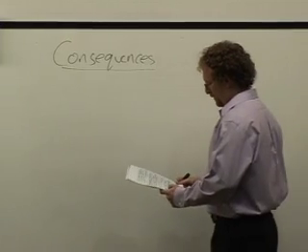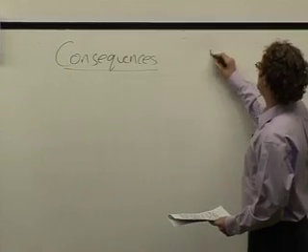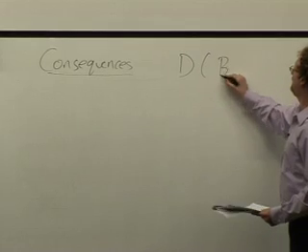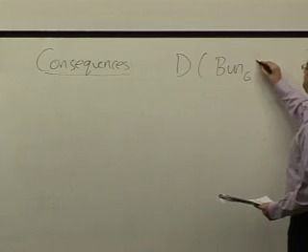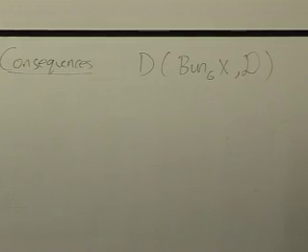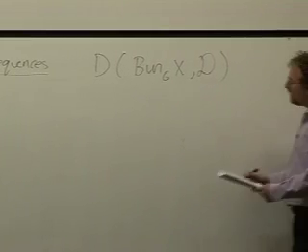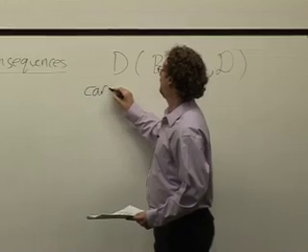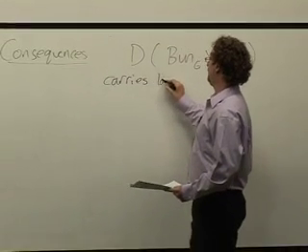So what are the consequences of this? This tells us that if I look at the derived category of D-modules on Bun G, so this is my function space of Bun G, this carries lots of commuting operators.